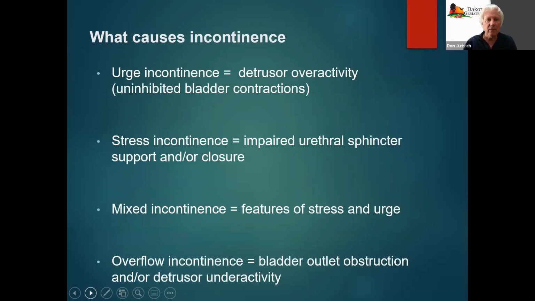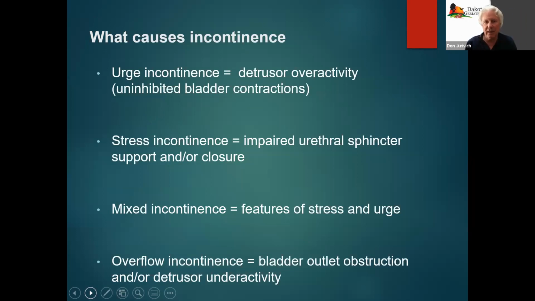So if we try to link the types of incontinence with the physiology, you can see there are 4 different versions. These are all important to know because the treatment may be a little bit different for each one. We call urge incontinence the sense of having to go to the bathroom and having to get there right now.